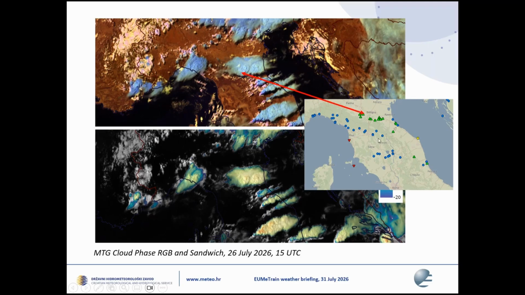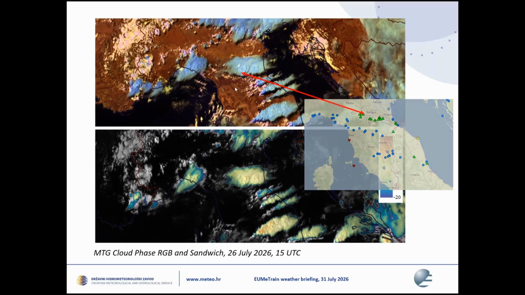These blue dots were connected with the system before, but in the afternoon, this system produced hail over Italy, and these were the reports. For this example, the reported events were a little bit southwest of the storm on the satellite, which is normal, and when we are in a forecasting room, we need to be aware of the parallax when we look at satellite images.